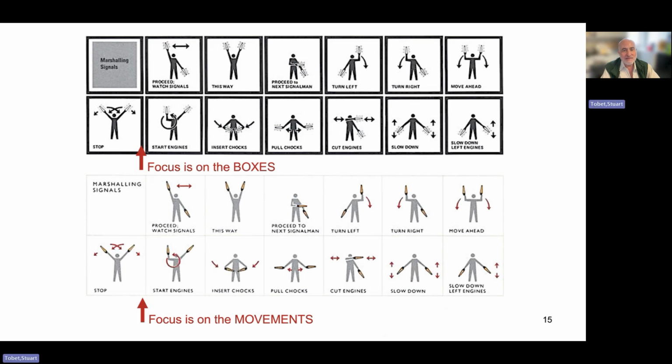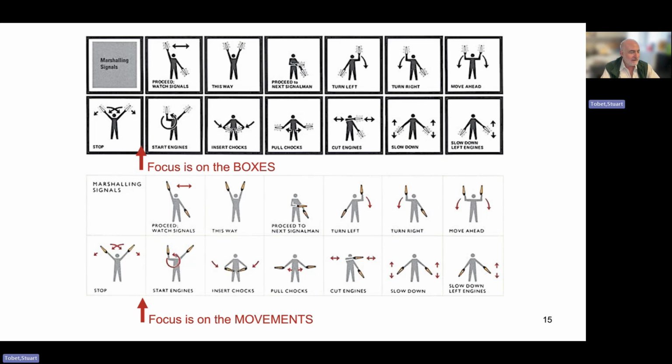Think about how boxes change the way you look at the figures that you're showing people, right? If you insert images inside of boxes, it'll draw their attention to the boxes. If you leave out the boxes, they may more readily be able to focus on the movements that would have otherwise been in the boxes. So where you draw people's eyes is where they will look, and you actually control some of that.